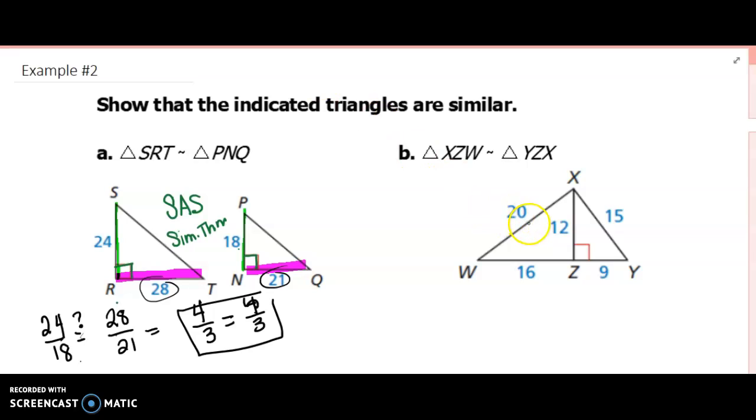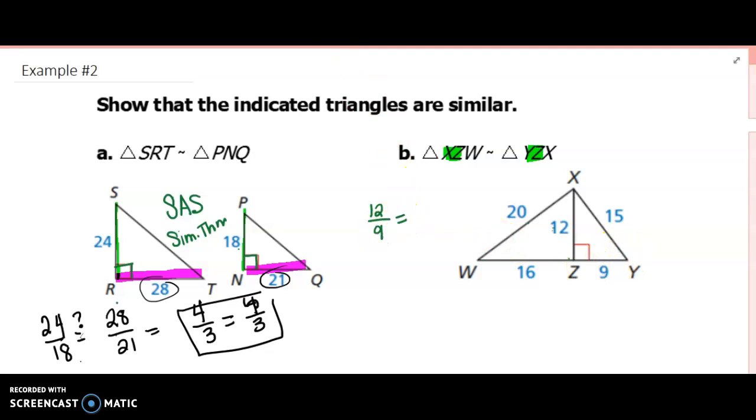Now this one over here, we need to find the proportion of all three sides. Now the way these are oriented is a little bit challenging, so I'm just going to use this. So XZ to ZY, so XZ is 12 over YZ is 9.